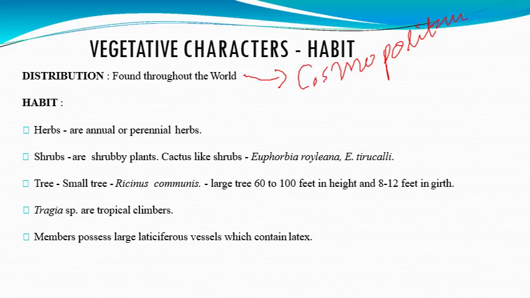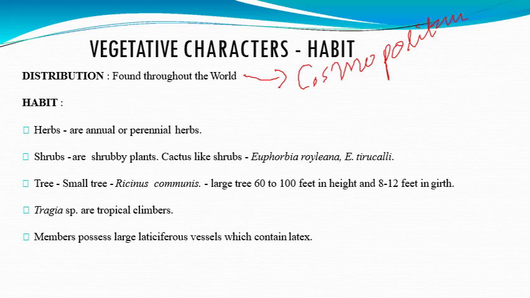Next we have the habit. First of all, most of the members of this family are herbaceous in nature. It means these are green, small-sized plants, and these herbs might be annual or perennial.